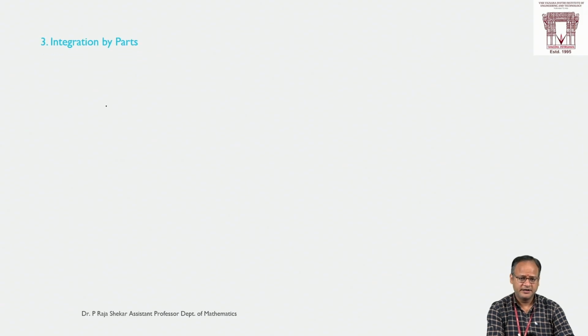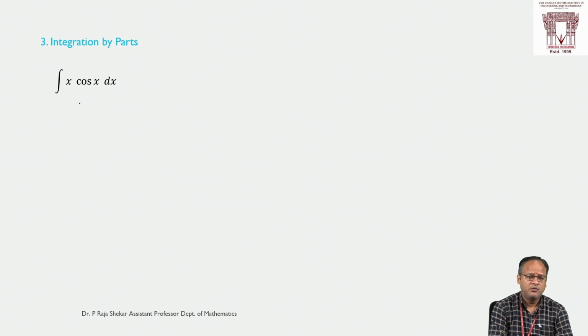Now the third method, integration by parts. Integration by parts is popular when the function to be integrated is a product of two functions. As in this example, you could see integration of x into cos x. So one can be treated as u, the other one can be treated as v.